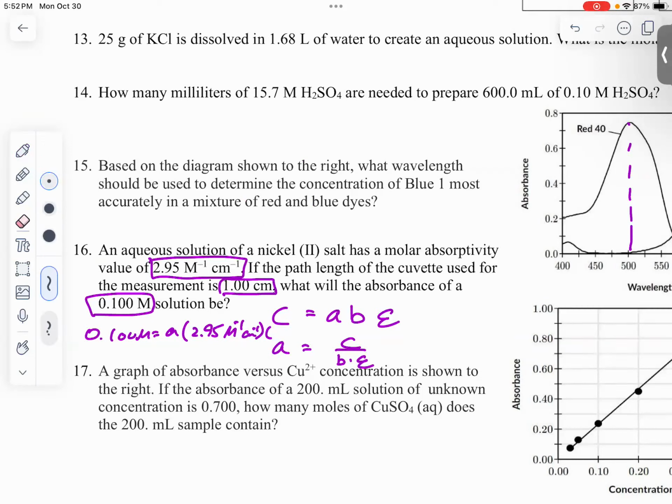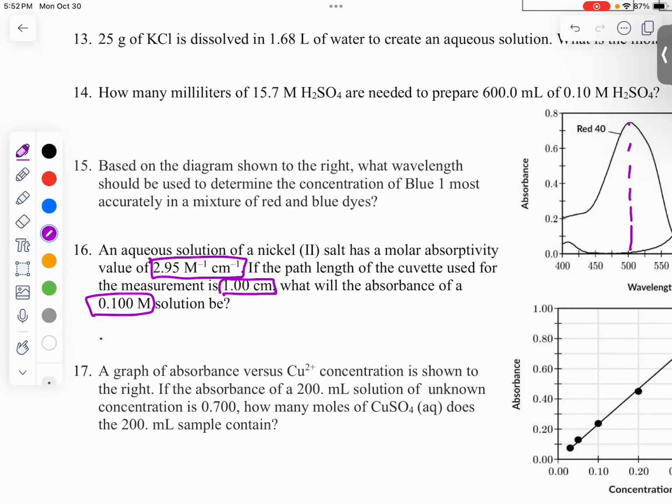Yeah. So I realized something is wrong because if I look at the units, something is messed up right here. The molarity is right here. This is 1 over molarity. So if I actually multiply it, that becomes molarity squared. The equation is not C is equal to A B epsilon.